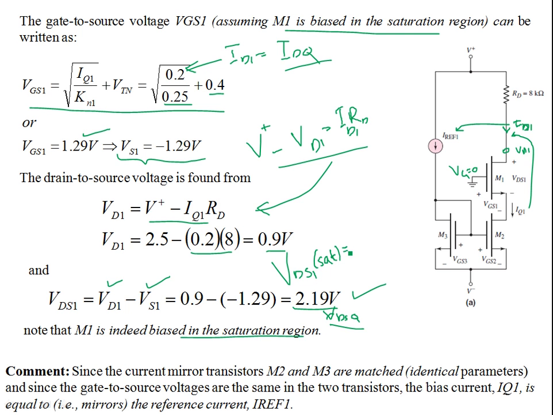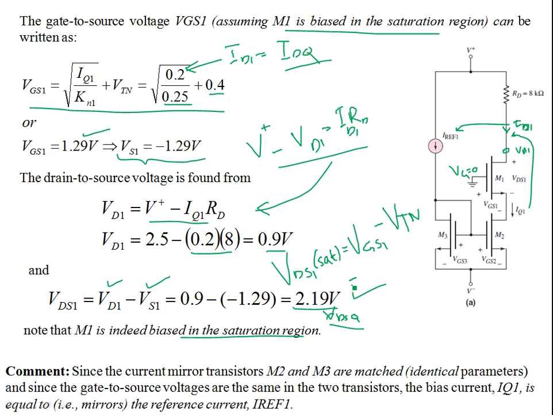is given as VGS1, which is 1.29 volts, minus VTN, which is 0.4 volts for all transistors.